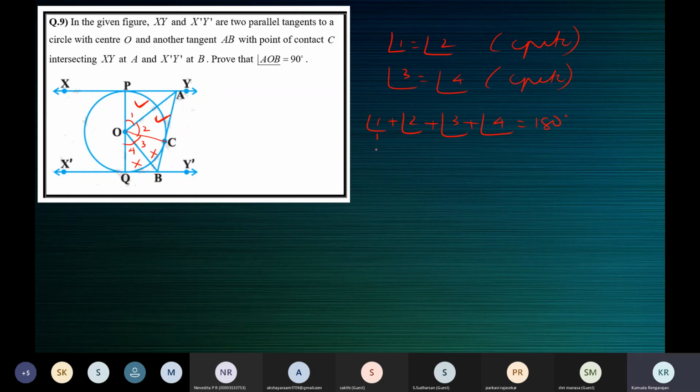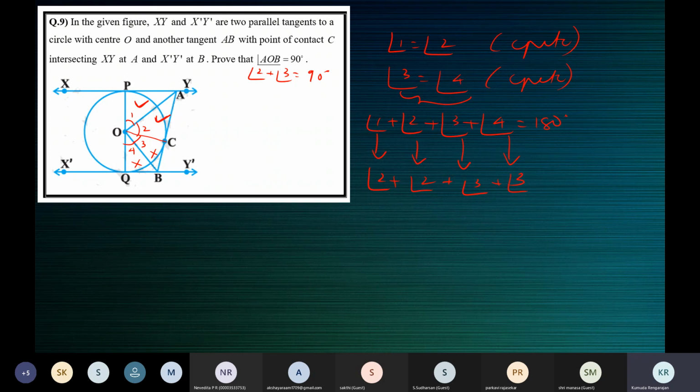Now instead of angle 1, you can say angle 2, and instead of angle 4, you can say angle 3, because you know that 1 is equal to 2 and 3 is equal to 4. You need to prove that angle 2 plus angle 3 is 90 degrees, because AOB means 2 plus 3.